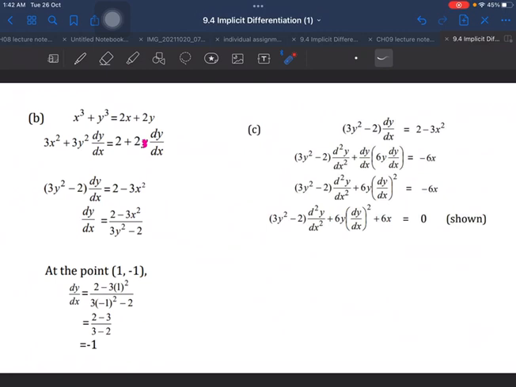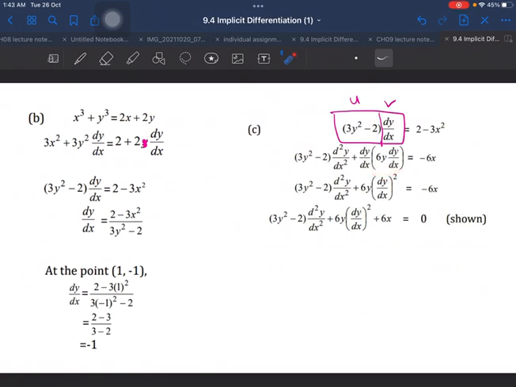So here the product rule applies. The result of the product rule is 3y square minus 2 as u, multiplied by v prime, which is d squared y over dx squared, plus v, which is dy over dx, multiplied by u prime.